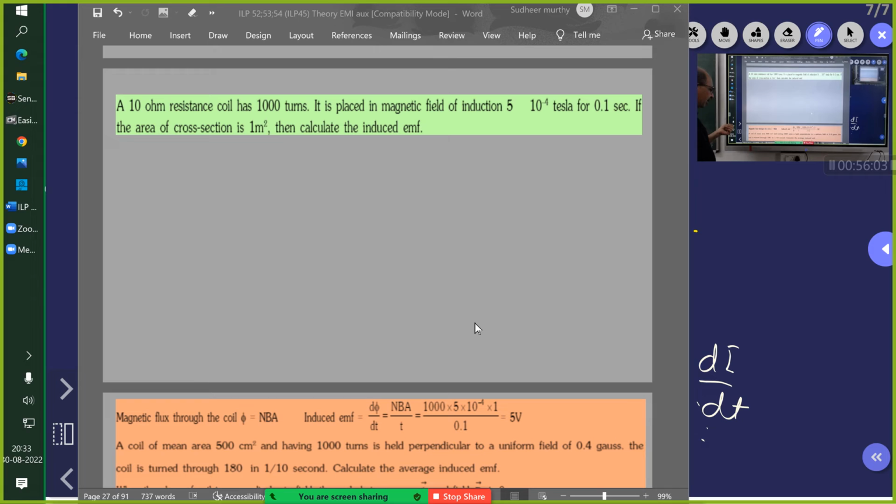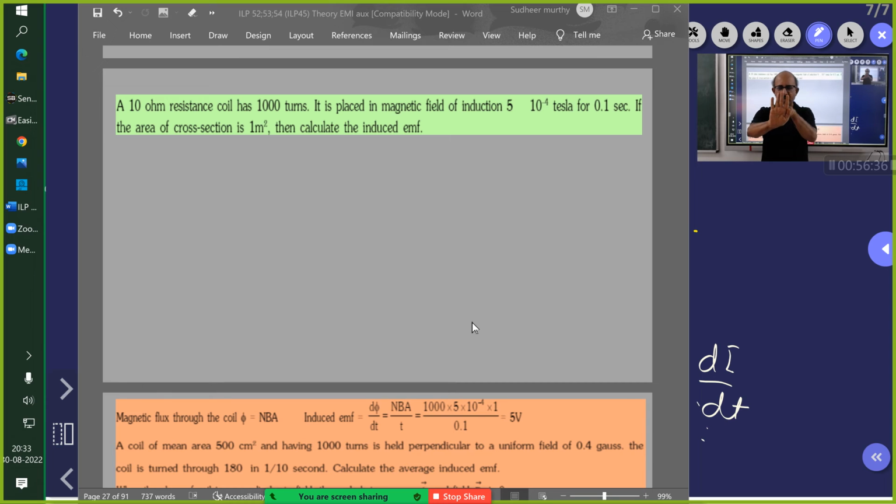And the coil is turned through 180 degrees. Calculate the average induced EMF. So I hope you understood. The coil was like this. Now the coil is turned like this by 180 degrees. See, this is the face.